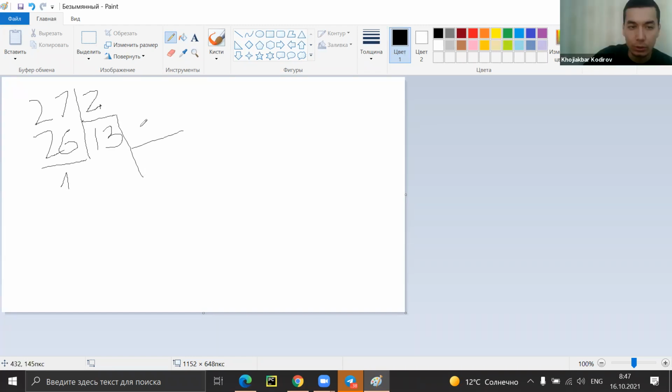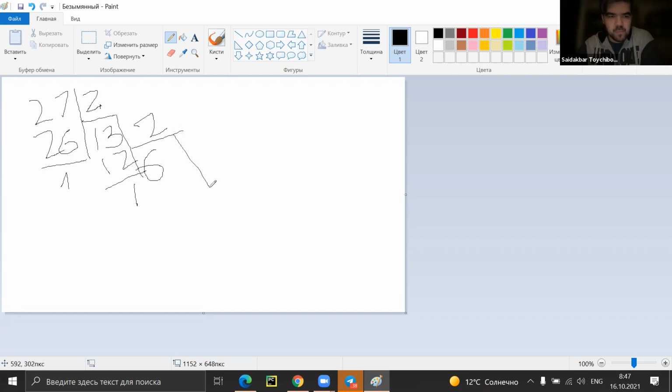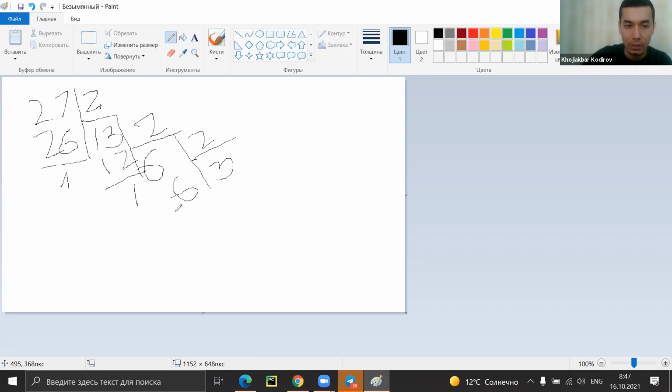Then I have 13, and I divide it by 2 to get 6. 6 times 2 is 12, so I again have the remainder 1. Then 6 divided by 2 is 3, and 3 times 2 is 6, so no remainder. Again here, 3 divided by 2 gives 1, and then I have 1 here.